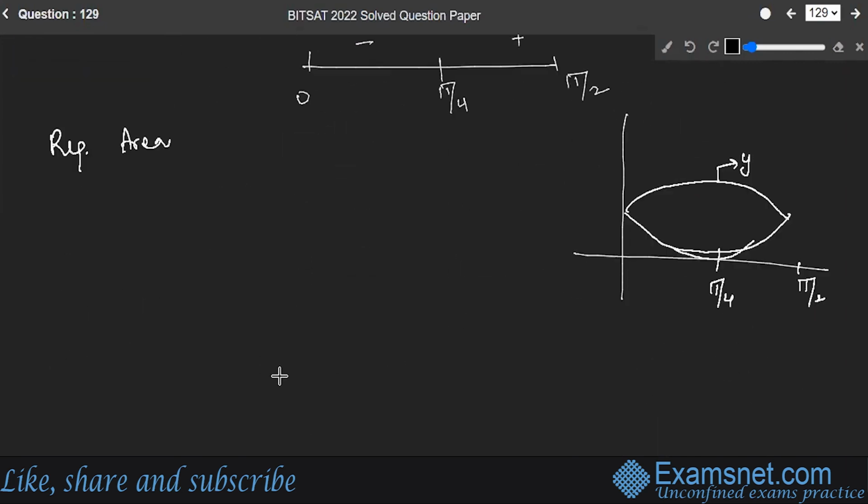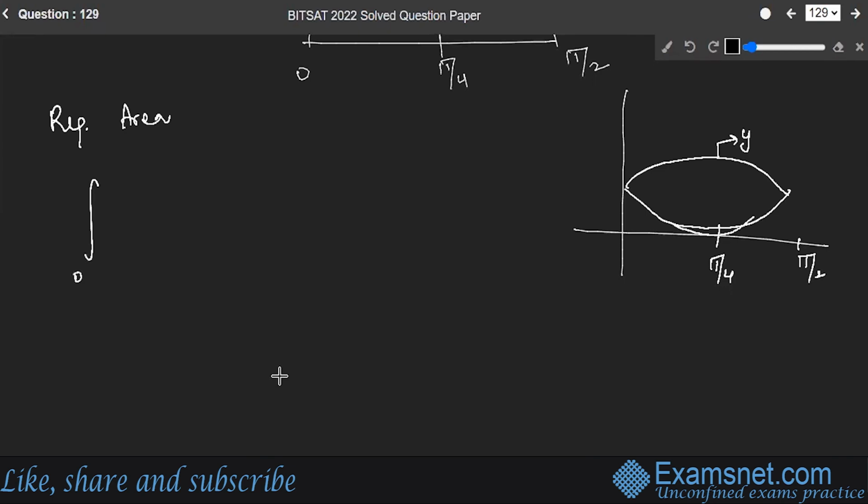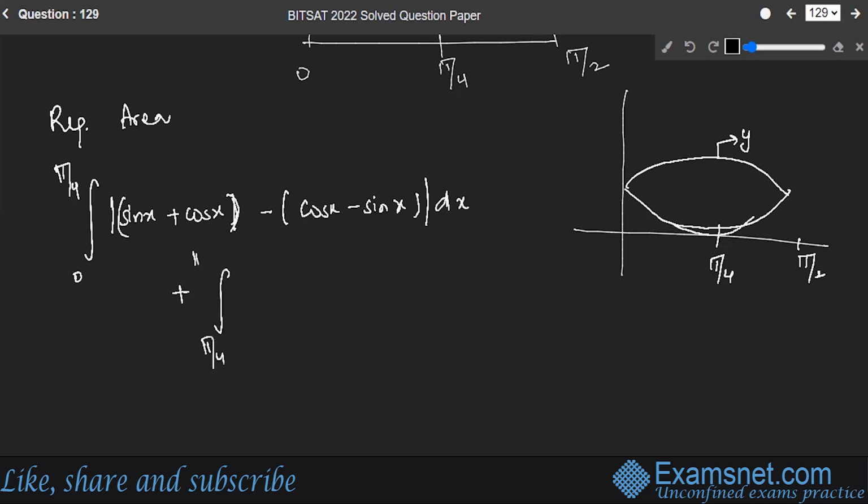given by the integral from 0 to pi by 4 of sin x plus cos x minus (cos x minus sin x) dx, plus the integral from pi by 4 to pi by 2 of 2 cos x dx.